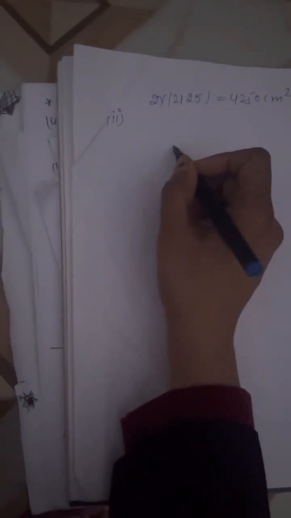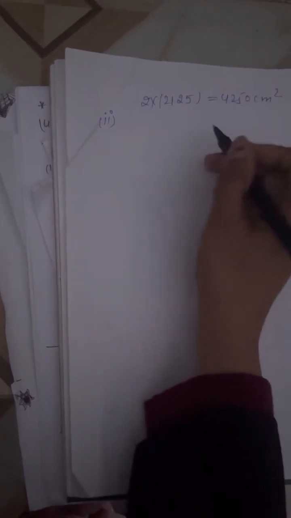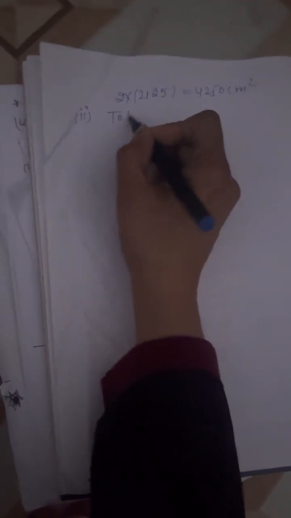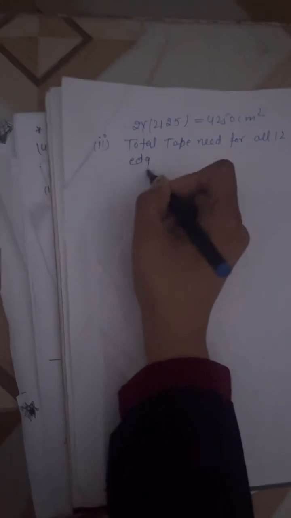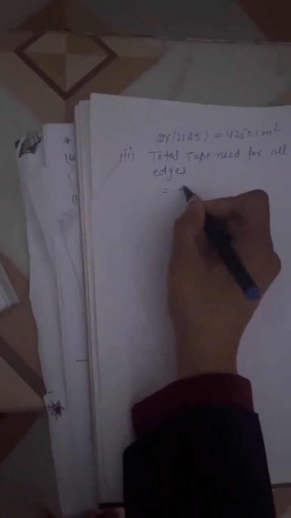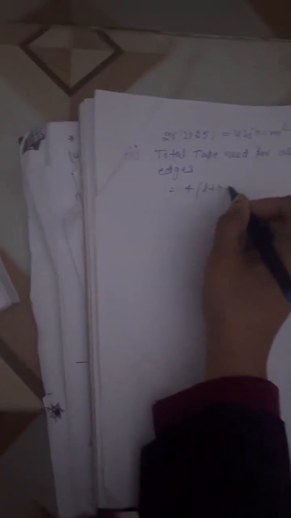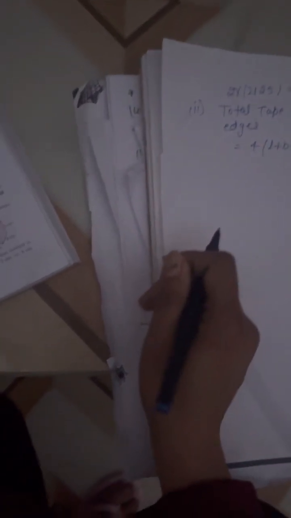And in the second part, the total tape needed for all 12 edges is 4 times (L plus B plus H). How much tape is needed for all the 12 edges?